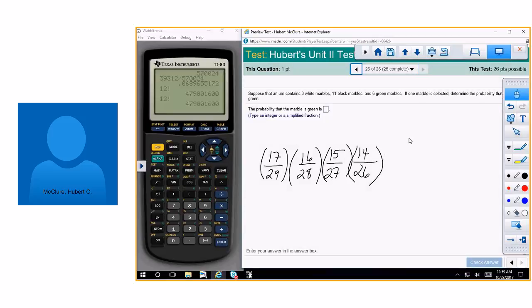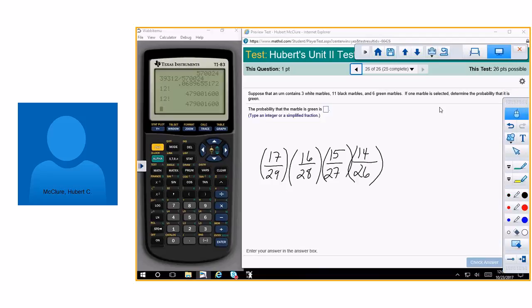suppose that an urn contains 3 white marbles, 11 black marbles, and 6 green marbles. Golly, y'all seen this before? If one marble is selected, determine the probability that it is green. Golly, this is an easy test. So what's the denominator? 3 plus 11 plus 6, that'd be 20, and then 6 over 20 is what? 3 over 10, which is 0.3.